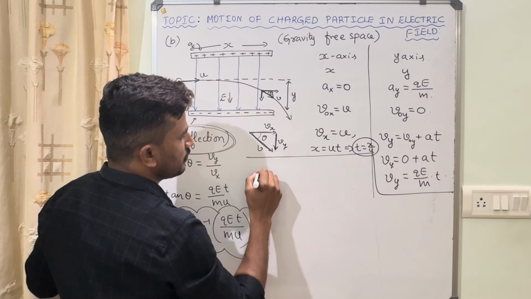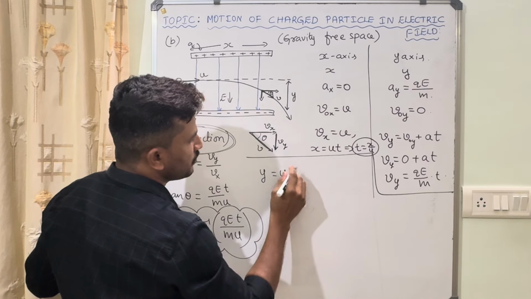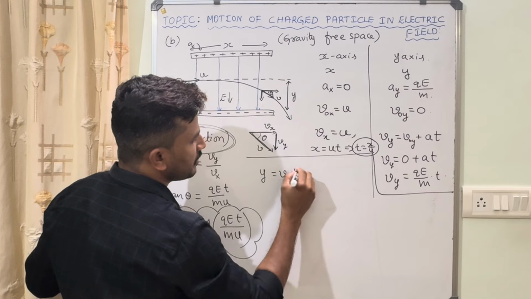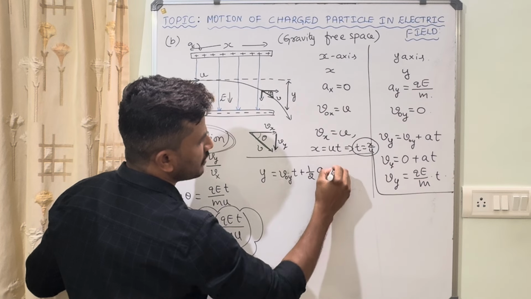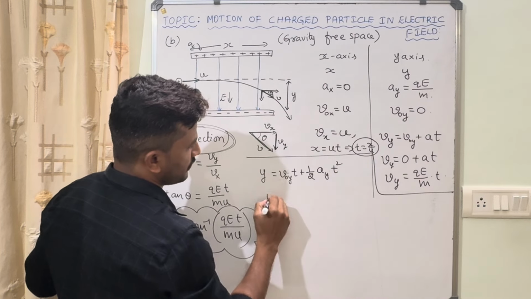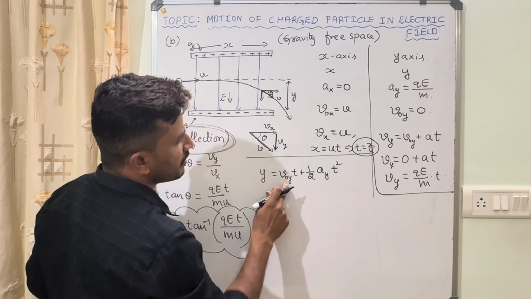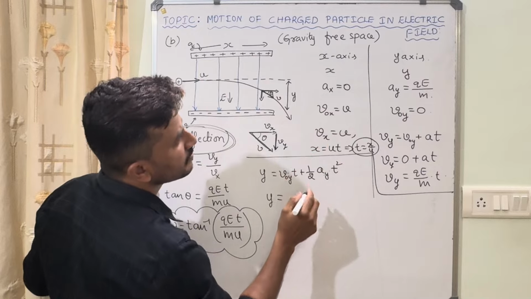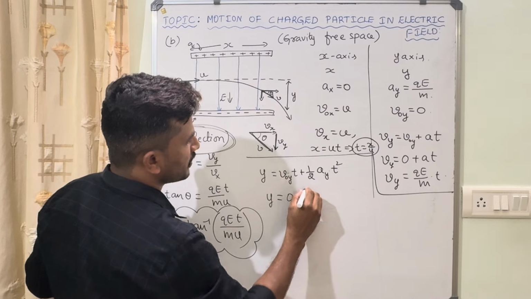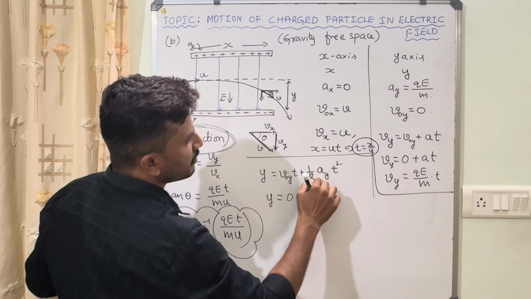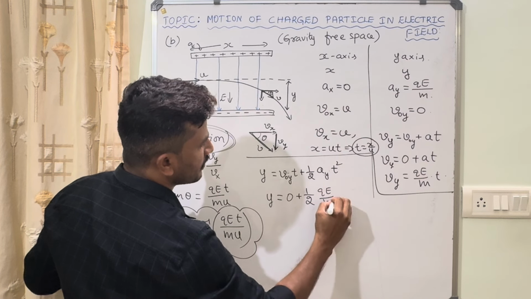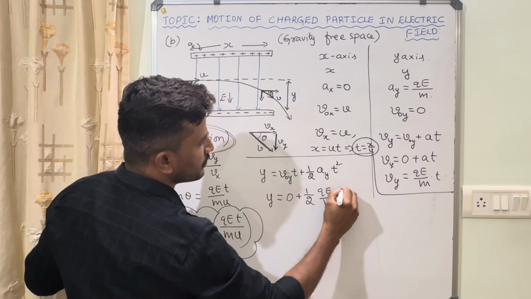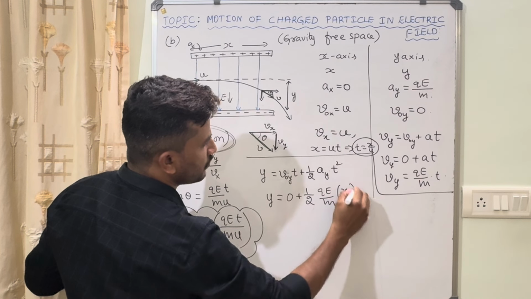Now if I use it for the y-axis, y is equal to the initial velocity along the y-axis, u t, plus half Ay into t square. Y is equal to, initial velocity along the y-axis is 0, plus half, Ay is QE by m, into t, which is x by u, whole square.